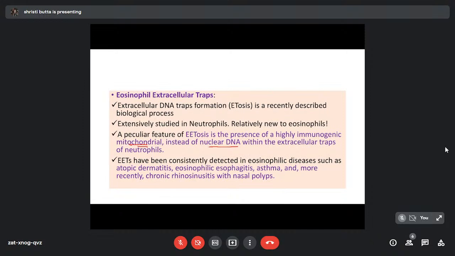Remember, there is breakdown of the extracellular matrix by NETs, generated by production of MMP9.